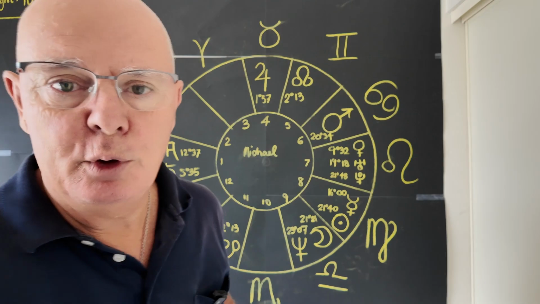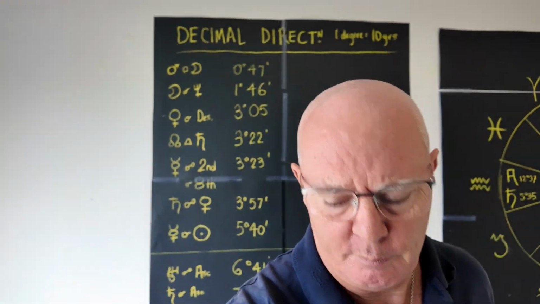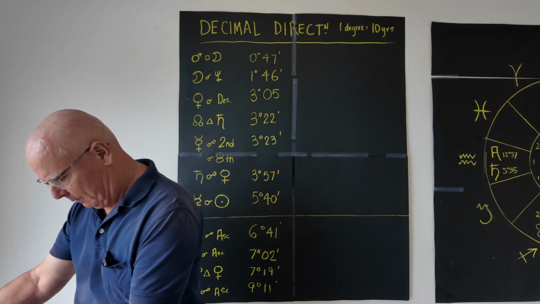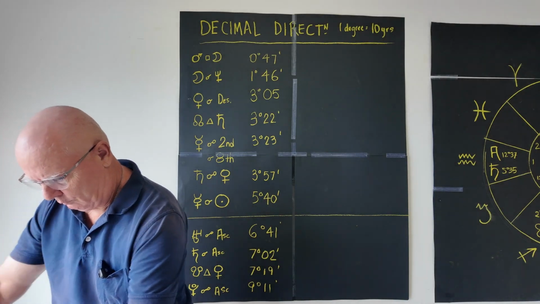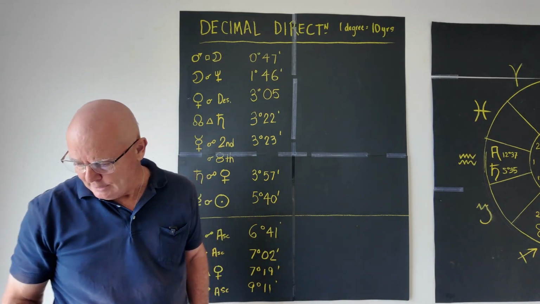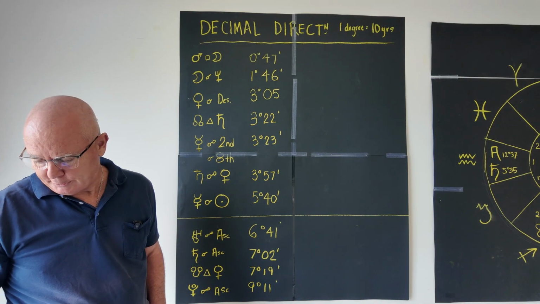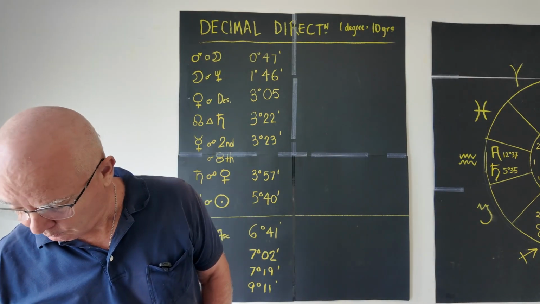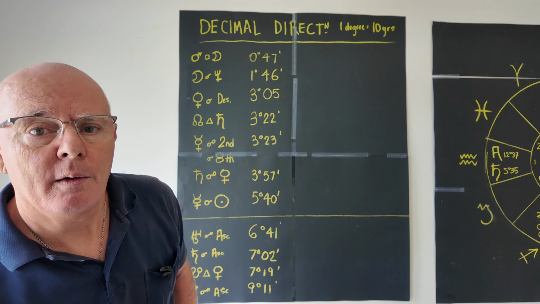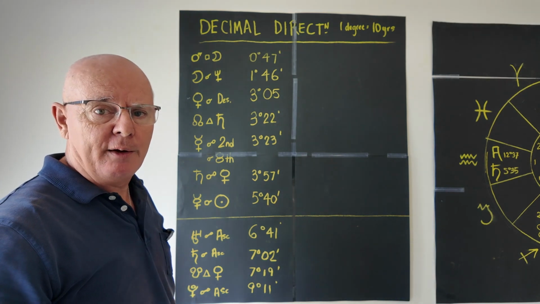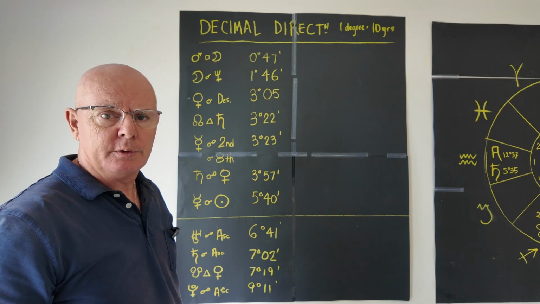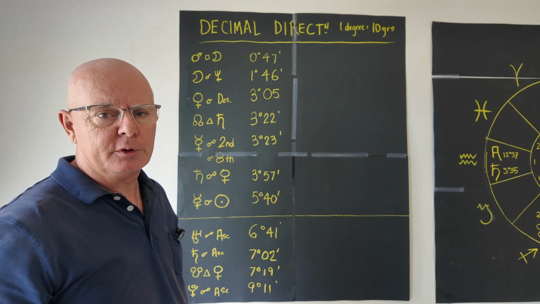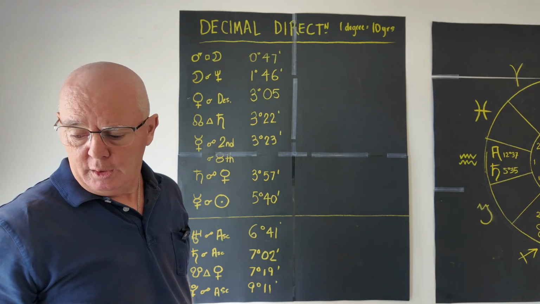And now let's move the camera over here. And you can see that list of all of those aspects. There's 11 of them listed, and they're orbs from the tightest to the furthest at 9 degrees, 11 minutes.